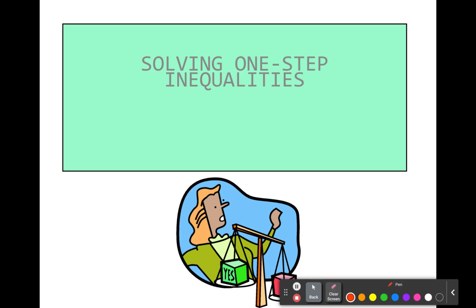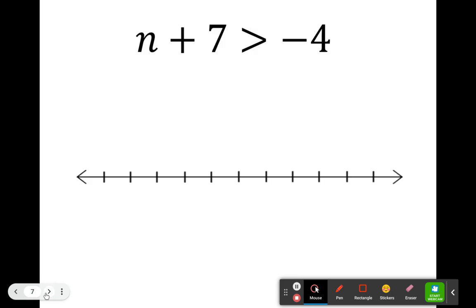So, solving one-step inequalities. We're going to do the same thing that we were doing with equations. We're going to figure out what operation we have, and we have addition, so we do the opposite to both sides. It's just like solving an equation for the variable.